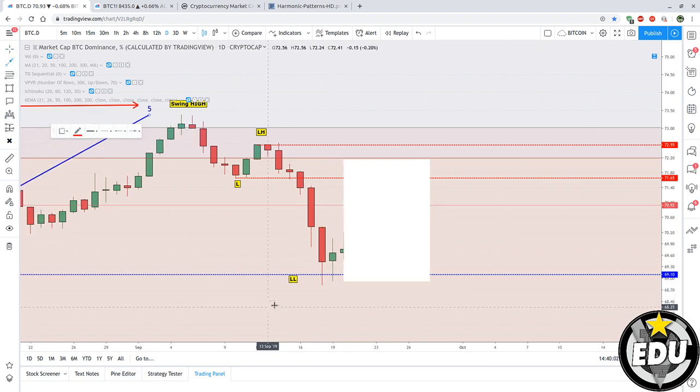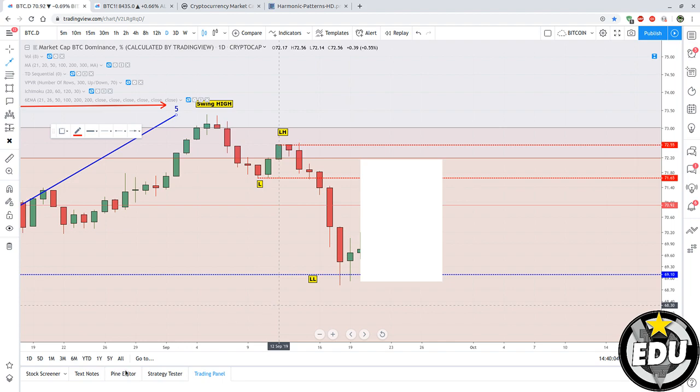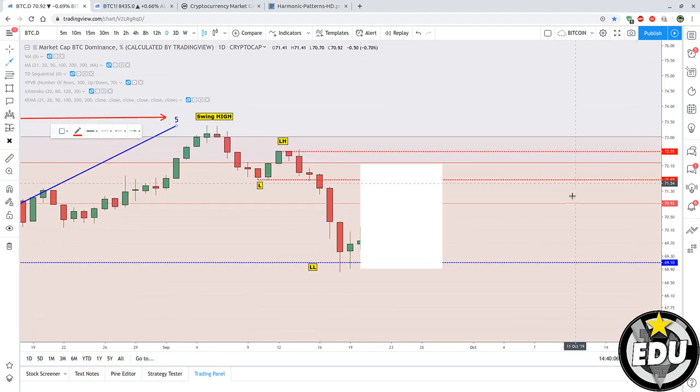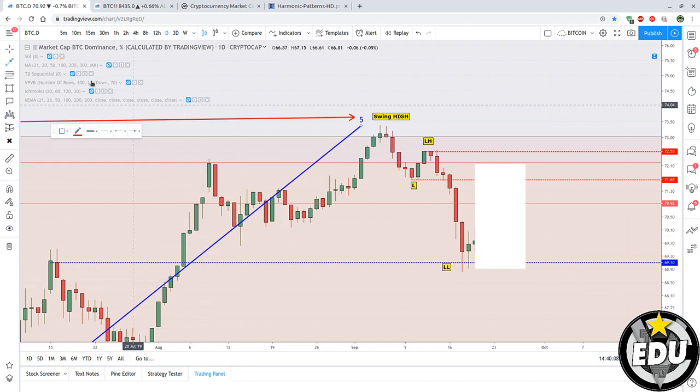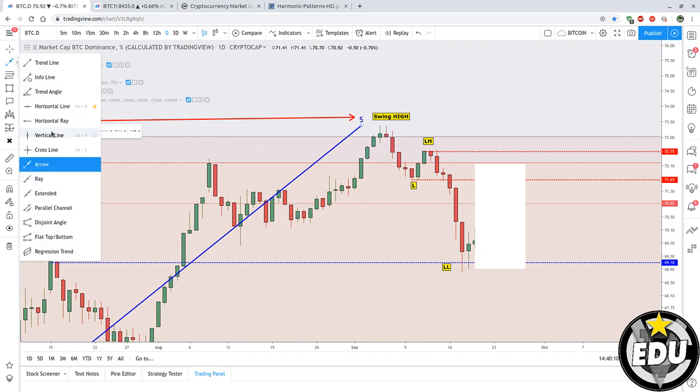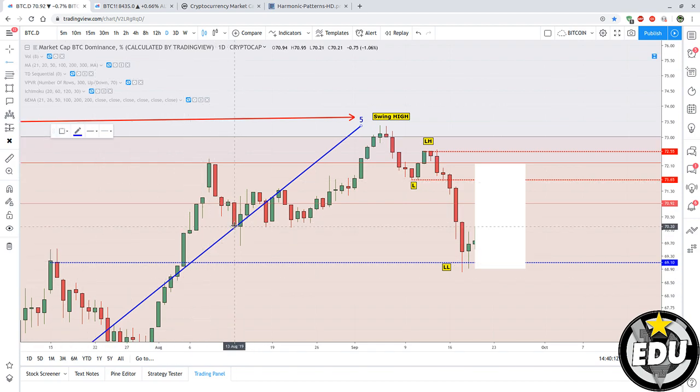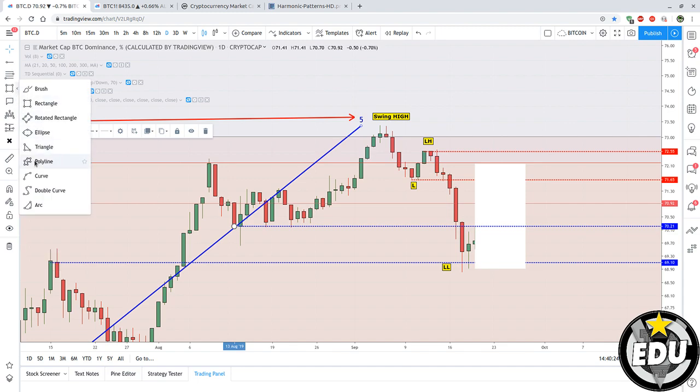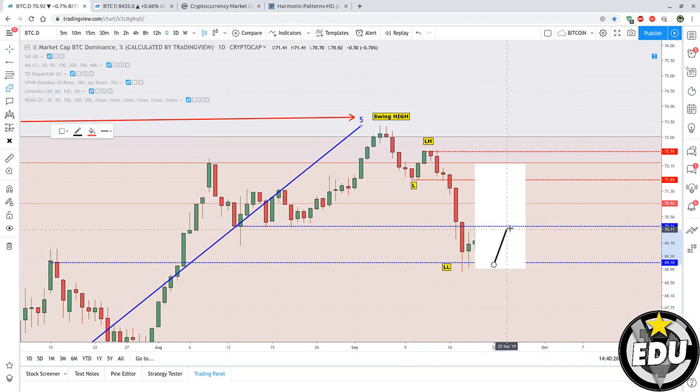Before, I used to go nuts because I would trace other levels that were in the past. Like for example, I would have traced this, and I did trace this. I posted it in the free channel, and with that level, I would have said, you know what, this thing will get retested here and then maybe go here, blah blah blah, and then drop.